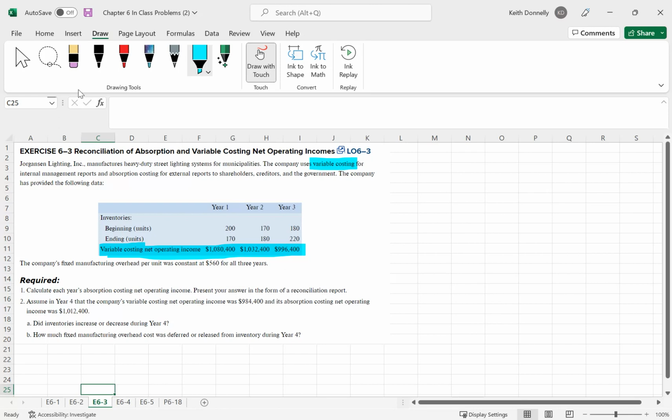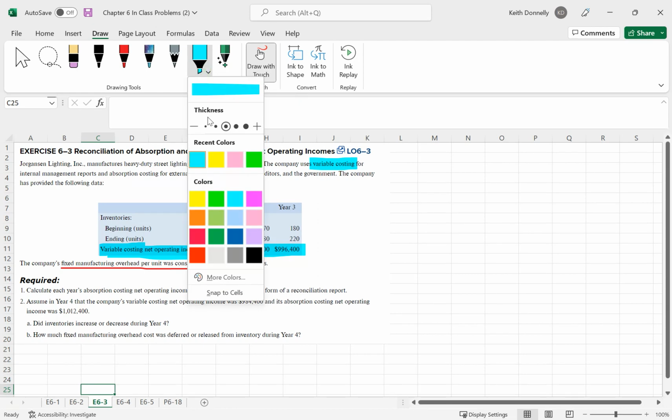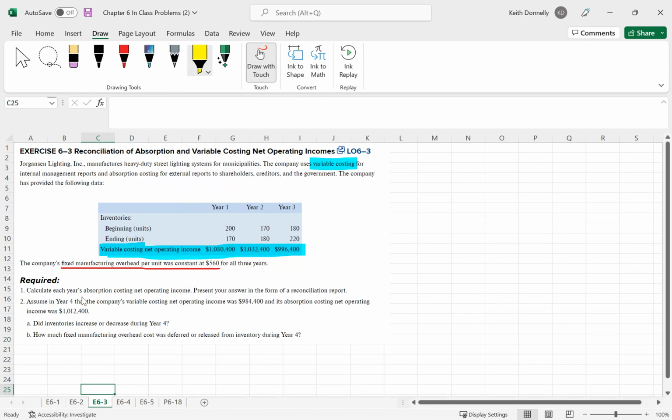One of the things here says the company's fixed manufacturing overhead per unit was $560 for all 3 years. First, it says, can you please calculate each year's absorption costing net operating income? Present your form in a reconciliation report.